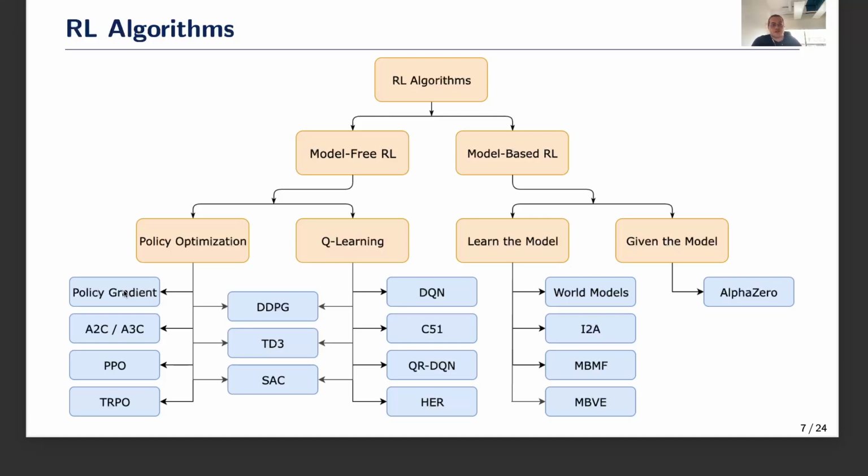And TRPO, as I remember, is trust region policy optimization. Yeah, it's an earlier, more theoretically grounded version. Those methods tend to be more stable in continuous action spaces and work well with neural networks.